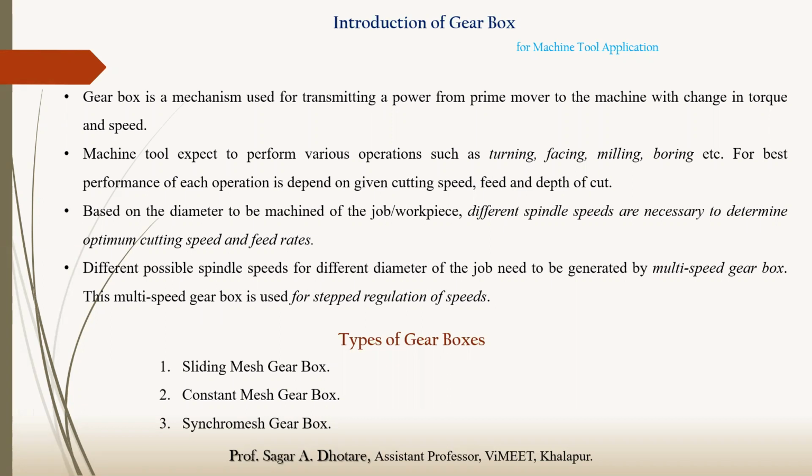Second purpose of using a gearbox is to convert the standard speed of the prime mover to the specific speed of the driven machine. In a few applications, the prime mover runs at a standard speed, for example 1440 rpm, 1500 rpm.